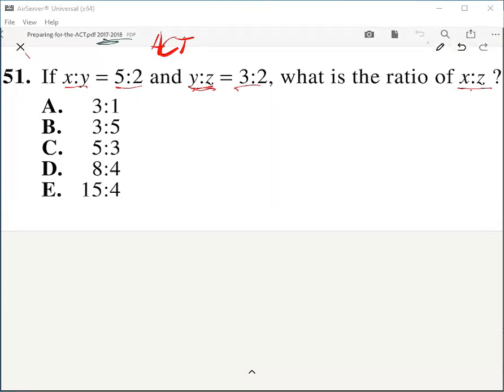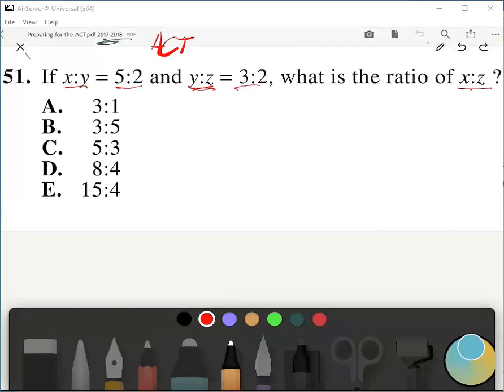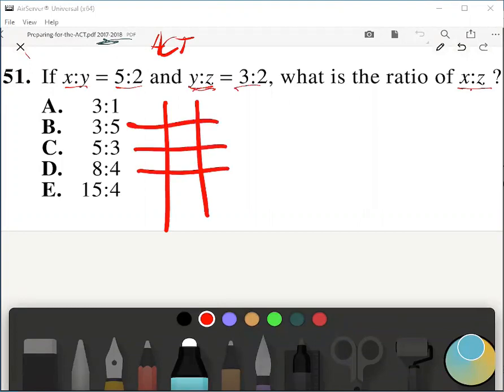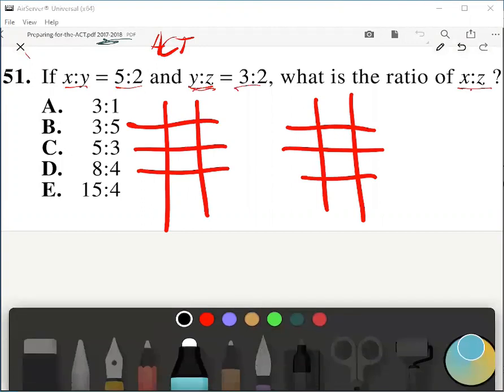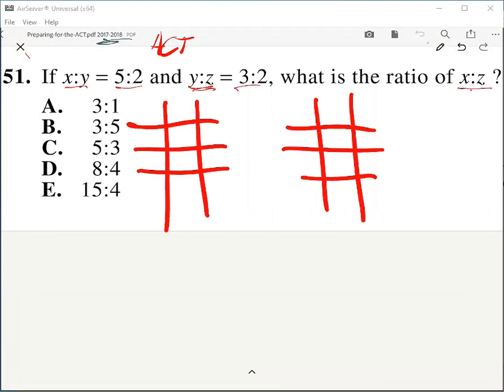So now, we have two ratios here. I'm going to make two ratio boxes, each with 2 rows and 3 columns. Now I'm going to start filling in the ratio boxes.